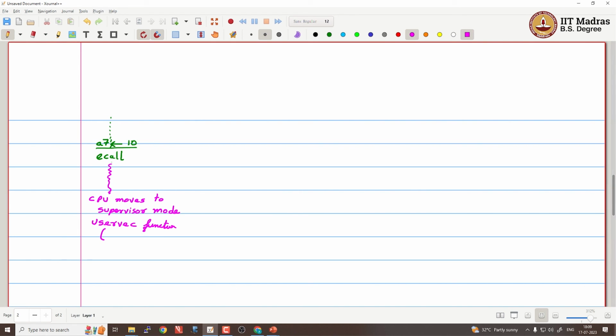The uservec function is present in the trampoline.